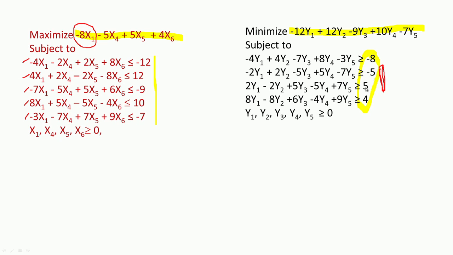And the same left hand side is now greater than or equal to 5 as another constraint. Therefore, we can merge these two constraints to get an equation. So, this is the dual that we had written. So, this dual has 5 variables and 4 constraints.